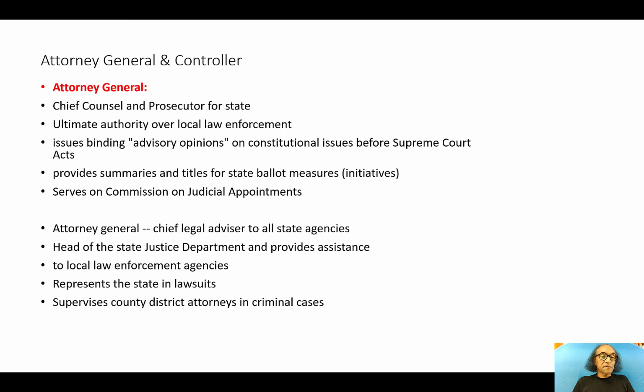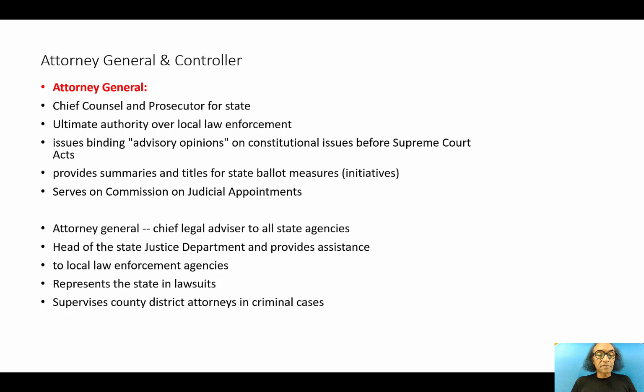One of the interesting things that the State Attorney General does is that the Attorney General's office issues what are called advisory opinions on constitutional issues before the state Supreme Court. So these advisory opinions are, as the phrase suggests, advisory.